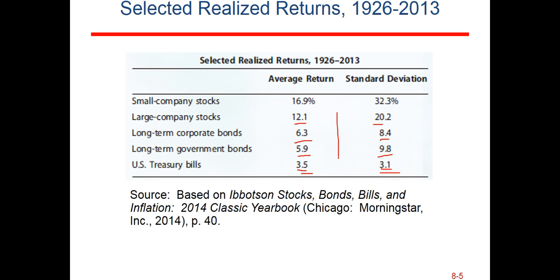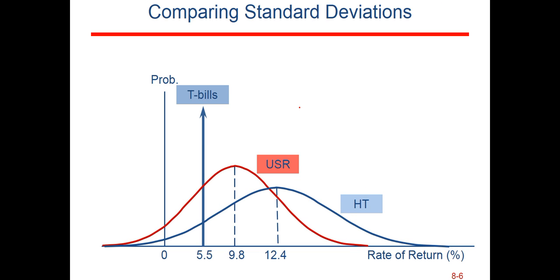So that means the riskier the stock or an investment, the higher average return is demanded from those stocks. And small company stocks deviate the most, and the expected value or the required return on those stocks is the highest. We can plot these curves.